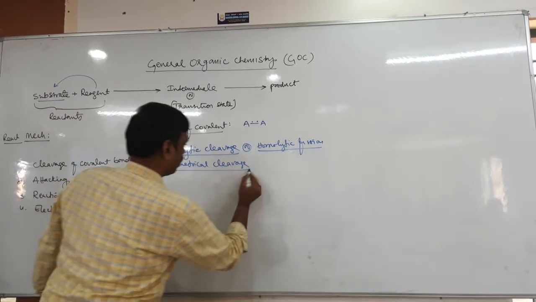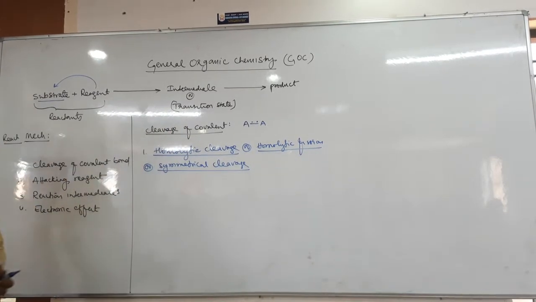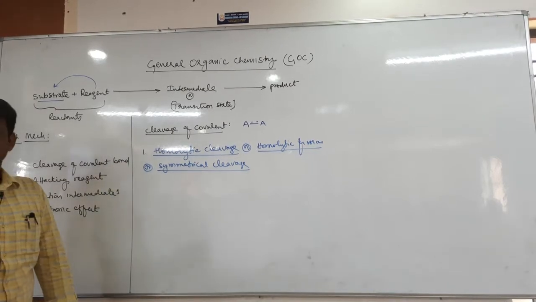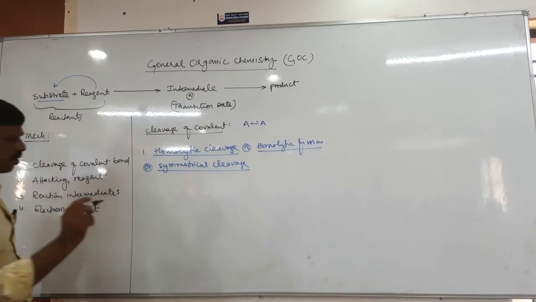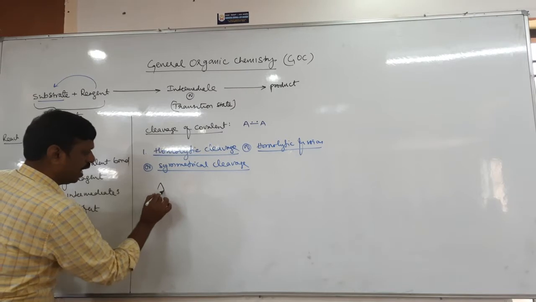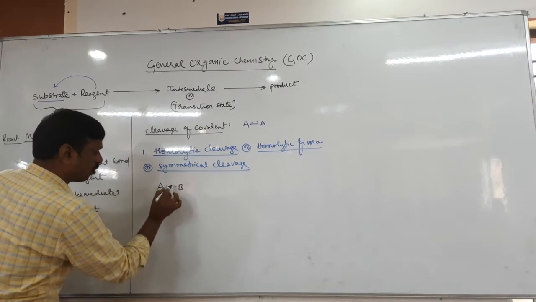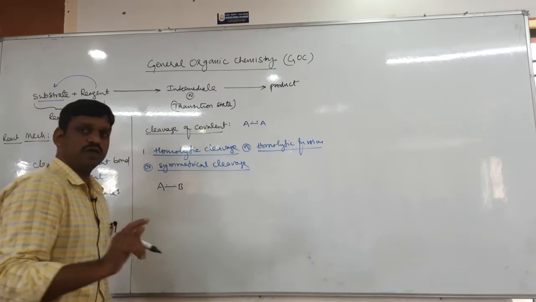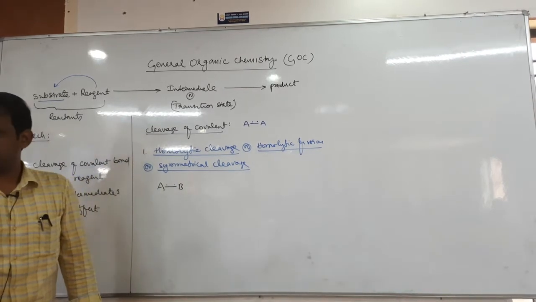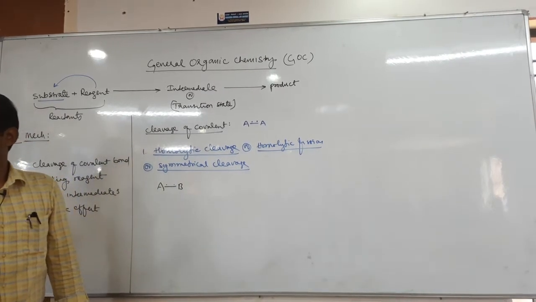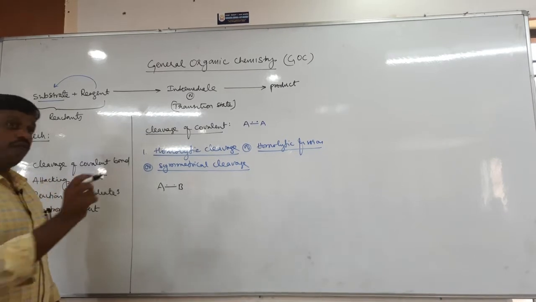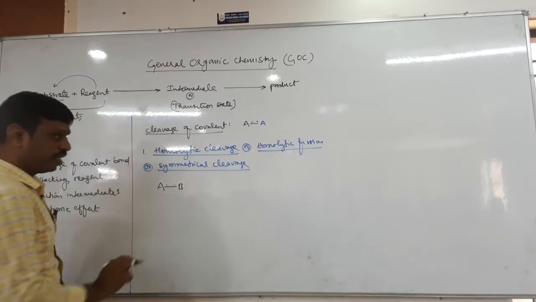Then what is symmetrical or homolytic cleavage? Let us take the example of atoms A-A. In between atoms A-A there is one covalent bond, made up of a pair of electrons, sharing of two electrons. When is this called homolytic cleavage?